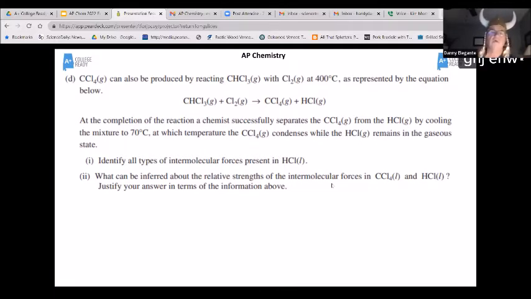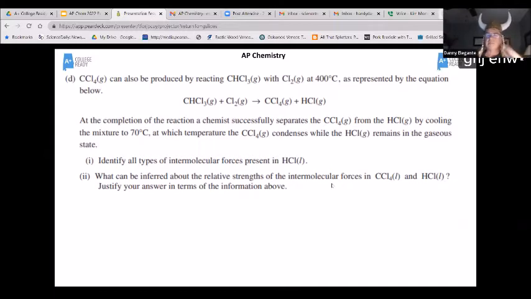Okay. Identify all types of intermolecular forces in HCl liquid. So I need to remember what my intermolecular forces are. I'll do that in a second. What can be inferred about the relative strengths? So relative strengths, you need to make sure you say this molecule has stronger intermolecular forces than that molecule.